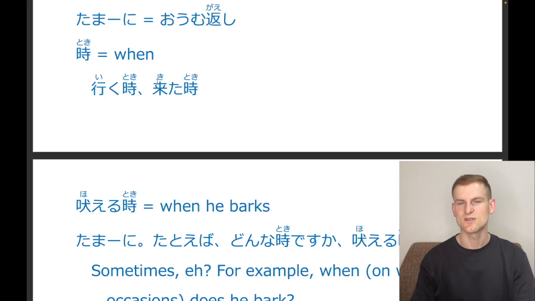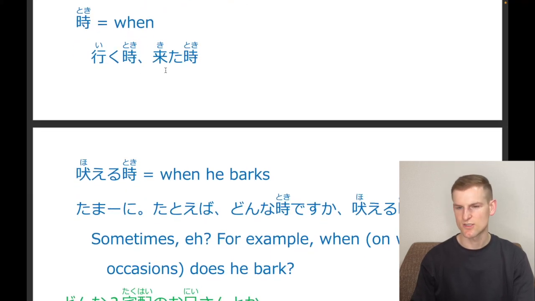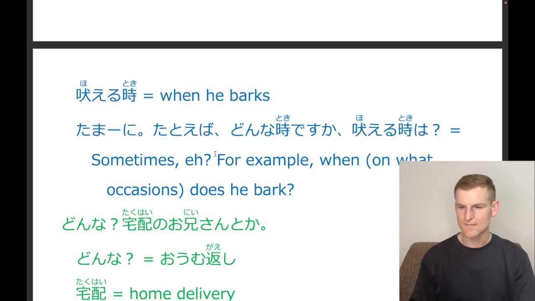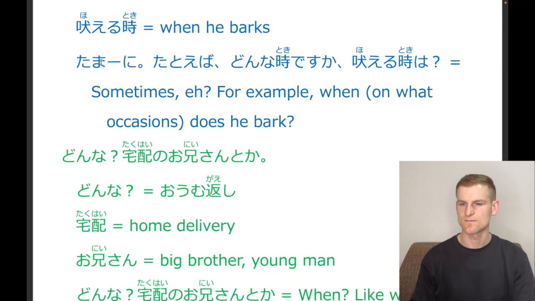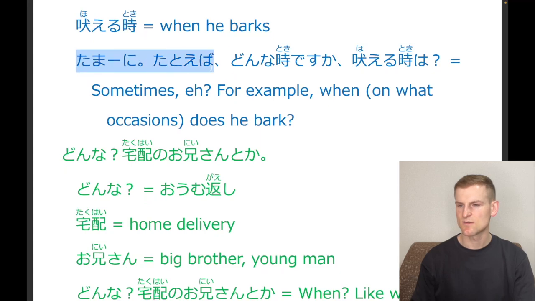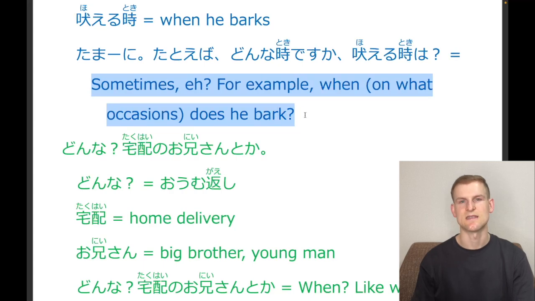I won't get into that too much, but you can find an explanation in your grammar book for sure, or online. So just learn it as when for now. Okay, so 吠える時 when he barks. Okay, so let's put that all together. たまに. 例えばどんな時ですか? 吠える時は. Sometimes, eh? For example, when, on what occasions does he bark?